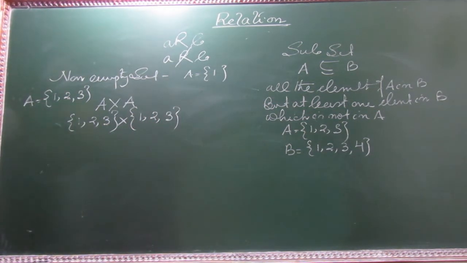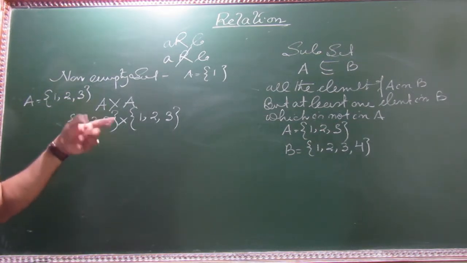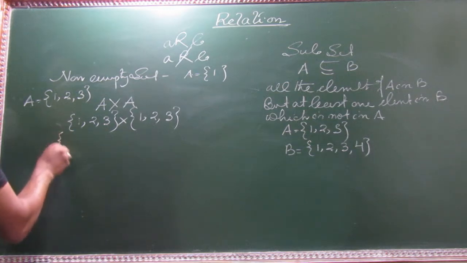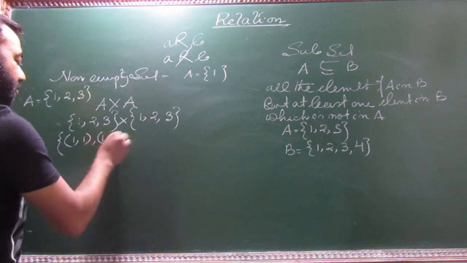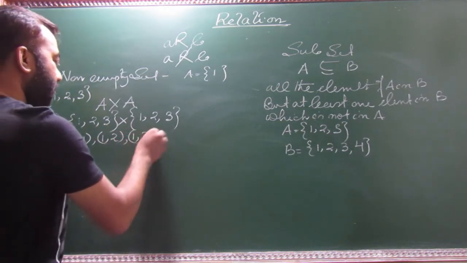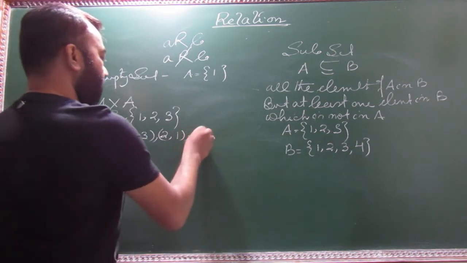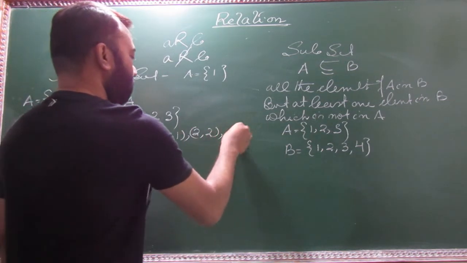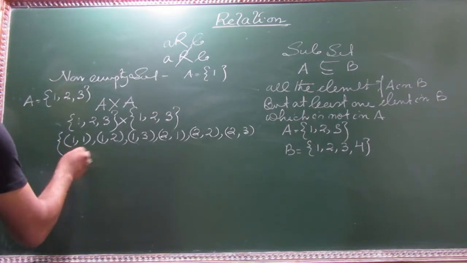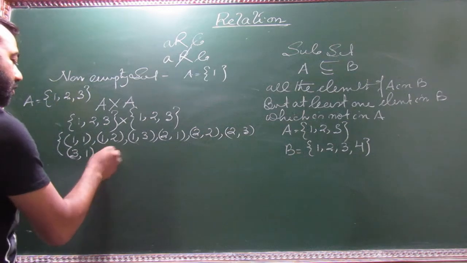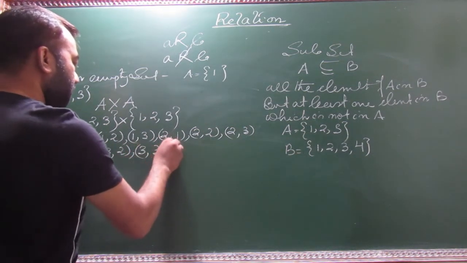Now it is 1, it is 2, it is 3. Now how will we get the result? (1,1), (1,2), (1,3), (2,1), (2,2), (2,3), after that (3,1), (3,2), (3,3).